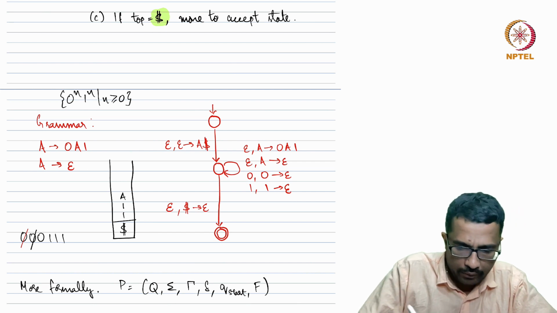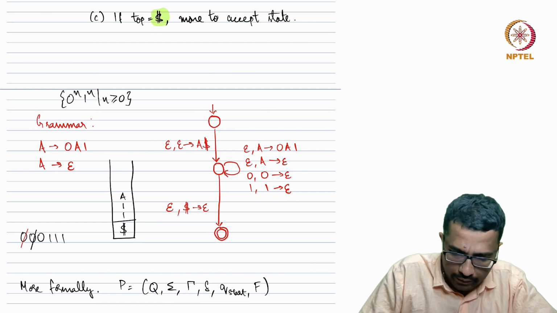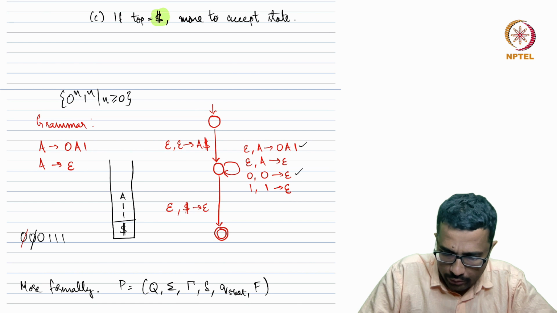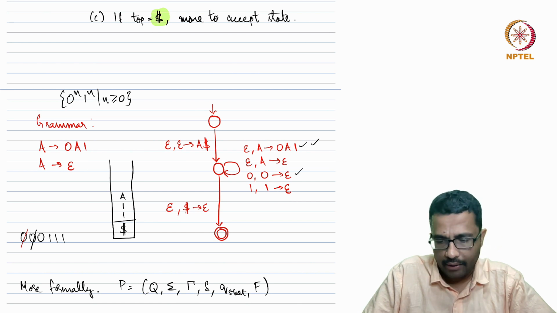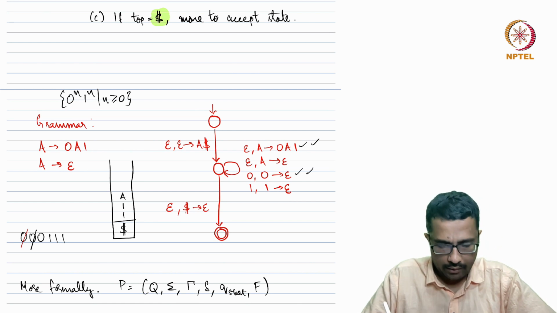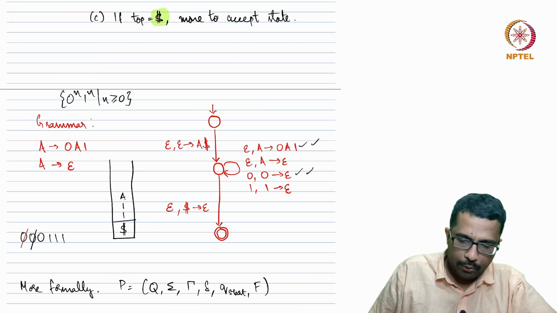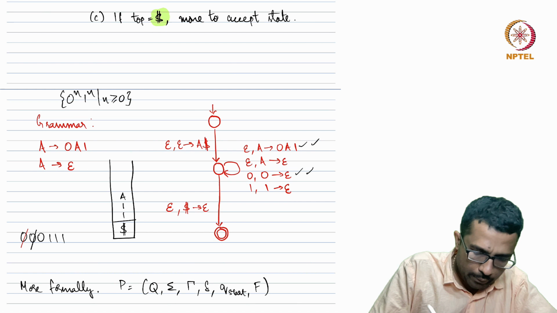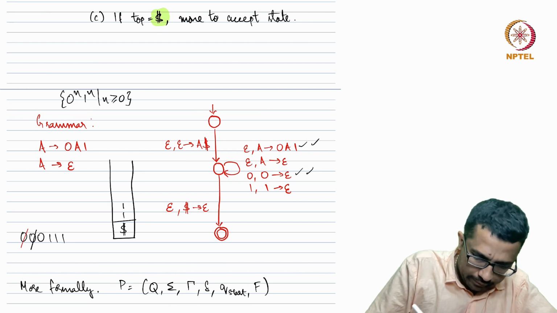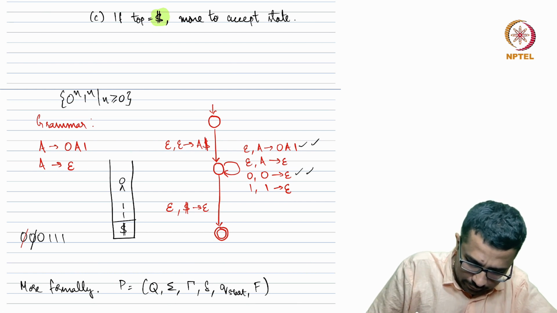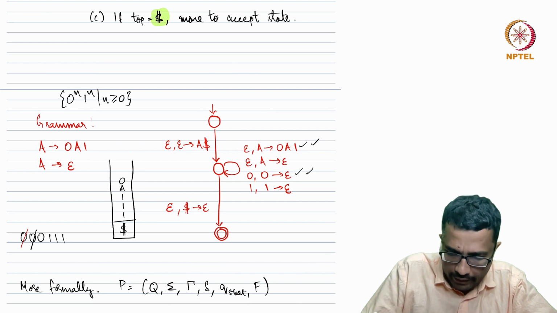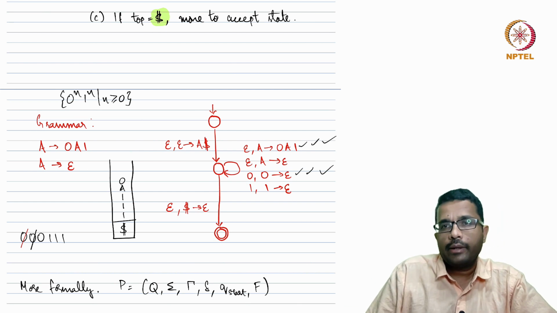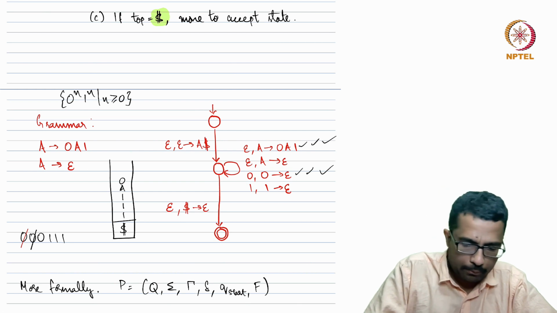So basically you used the first rule once, then this rule, then this rule again, and then this rule again. Now again there is one more 0. To get that 0, we need to replace A with 0A1 once again, and then again use the third rule: 0 you read from the input, and then 0 you pop from the stack.